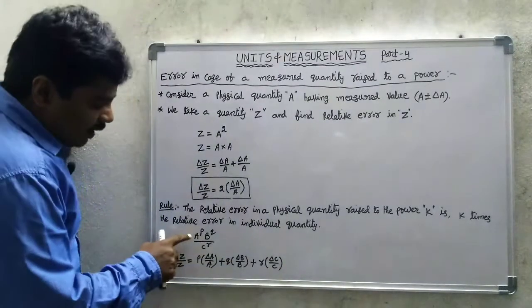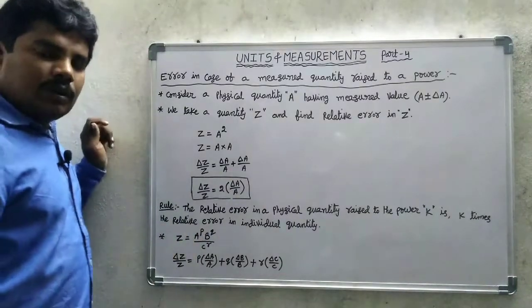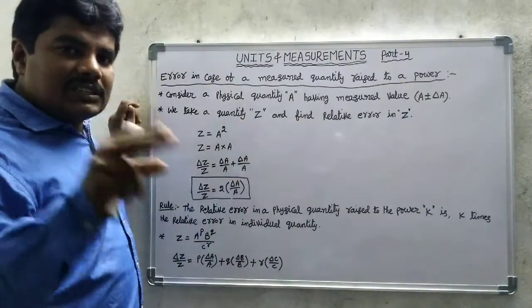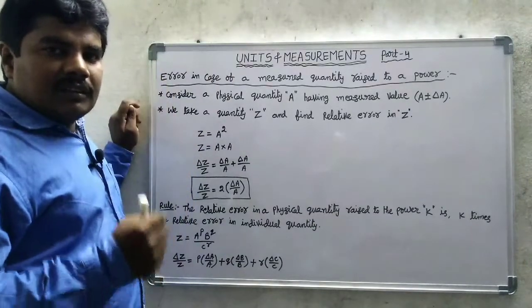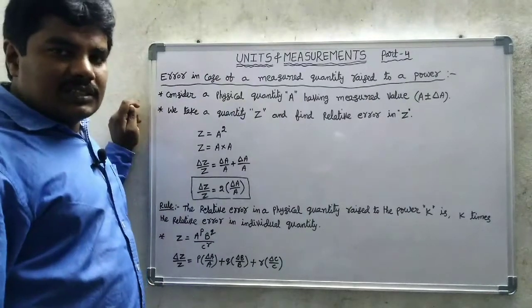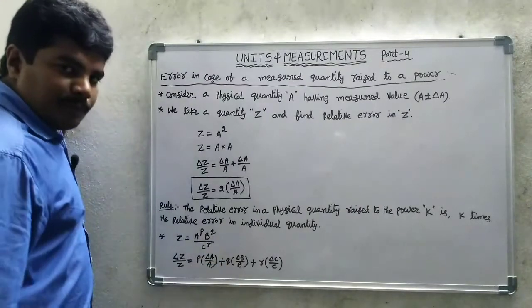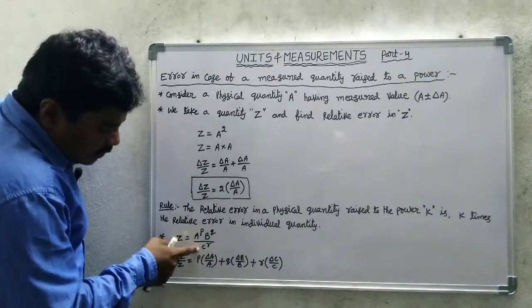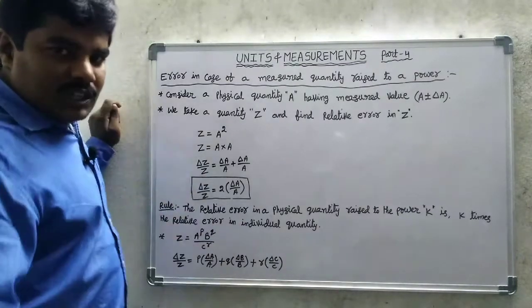Here the two physical quantities are multiplied. So when two physical quantities are multiplied, the relative error in the final result is the sum of the relative errors of the individual quantities. That's why I place plus here. Here these two physical quantities are dividing. We take the quotient rule.